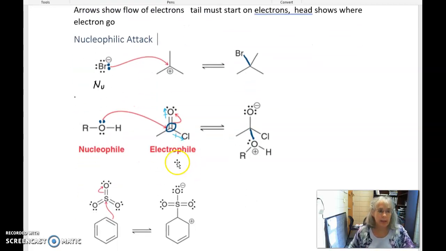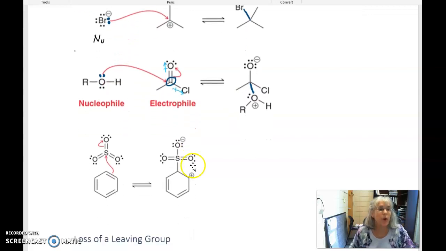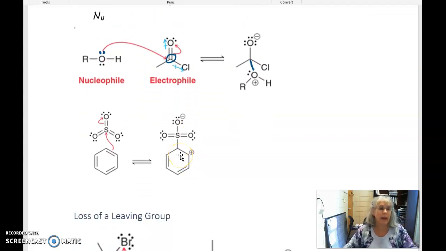So in the first example, we had 1 arrow. In the second example, we had 2 arrows. And here we're also going to have 2 arrows. Here we have the base of our electron is on this pi bond. These electrons right here are the ones that are attacking the sulfur and resulting in this bond right here. Note our arrows go into the sulfur.